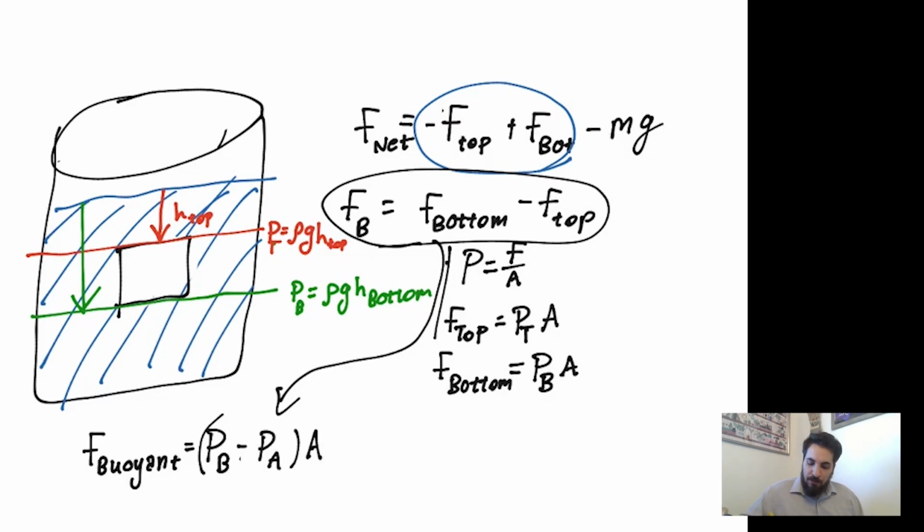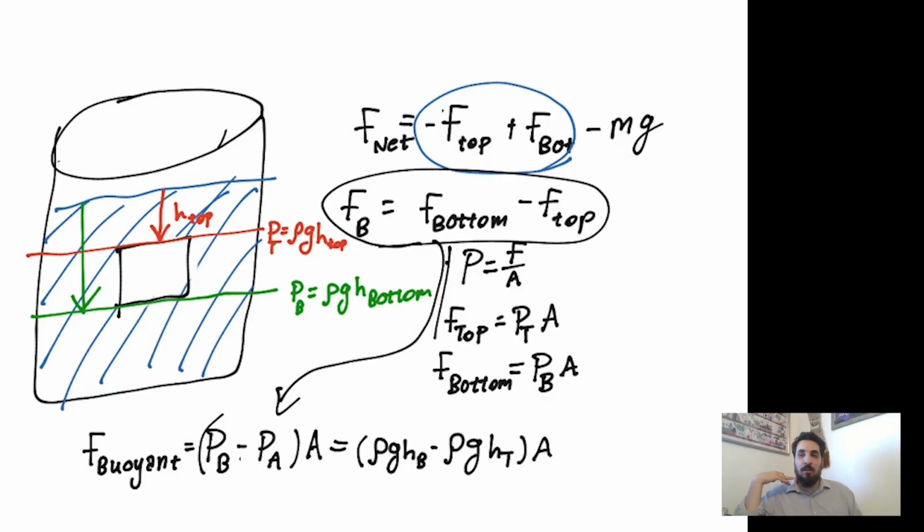And we look at this and we say, well, pressure at the bottom, that's going to be rho g h bottom. Pressure on the top, well, that's going to be rho g h top, times the area. And I look at this and I say, well, both of those terms have the density of the fluid. That doesn't change, right?